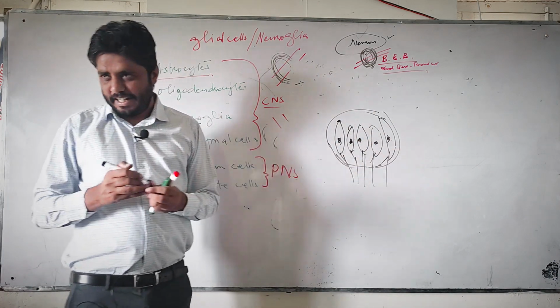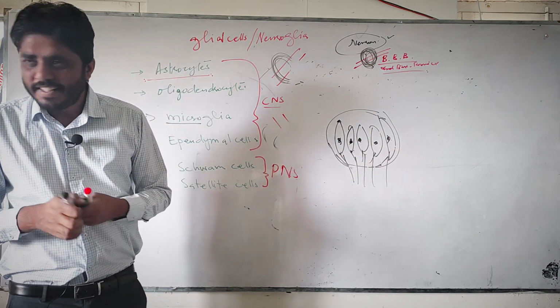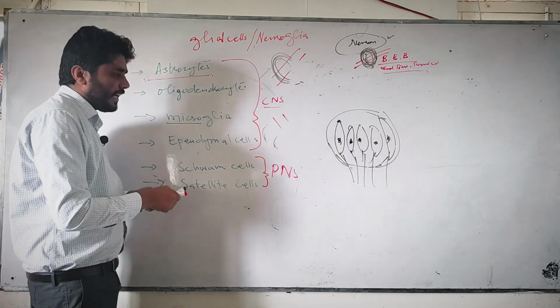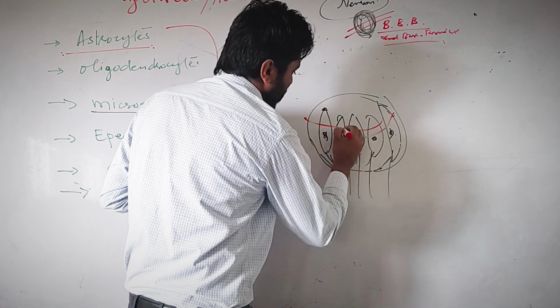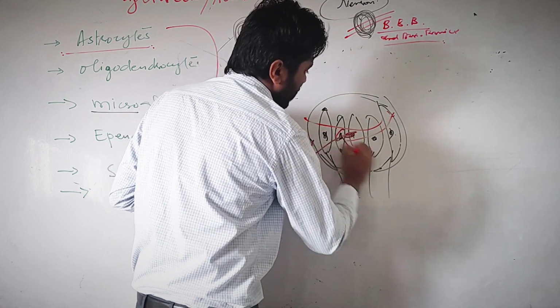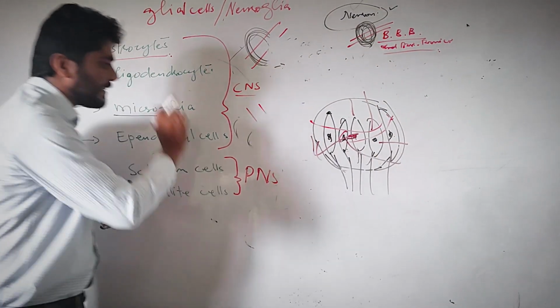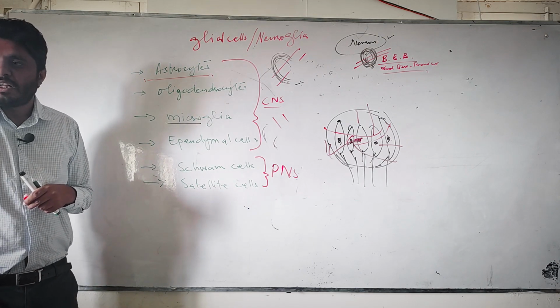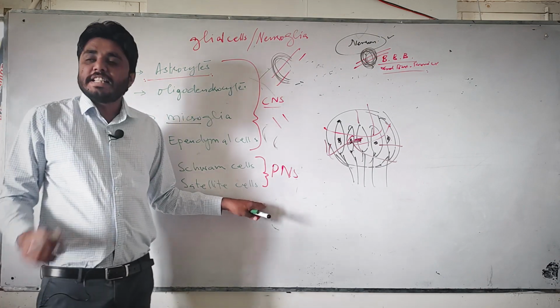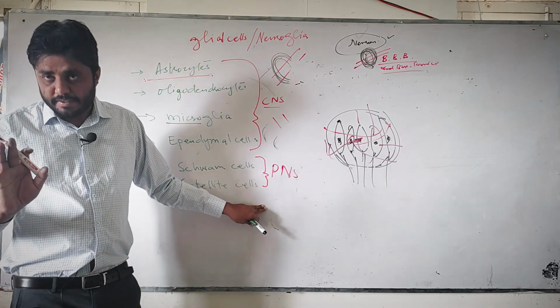Around this ganglion you will find a star-shaped cell with many projections surrounding it. That cell is known as a satellite cell.